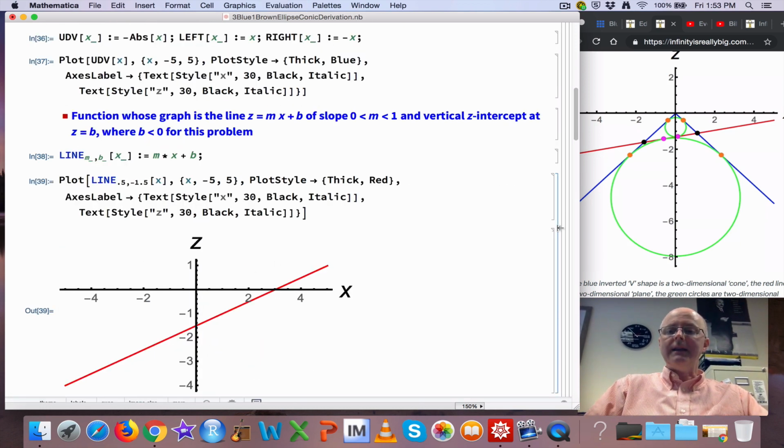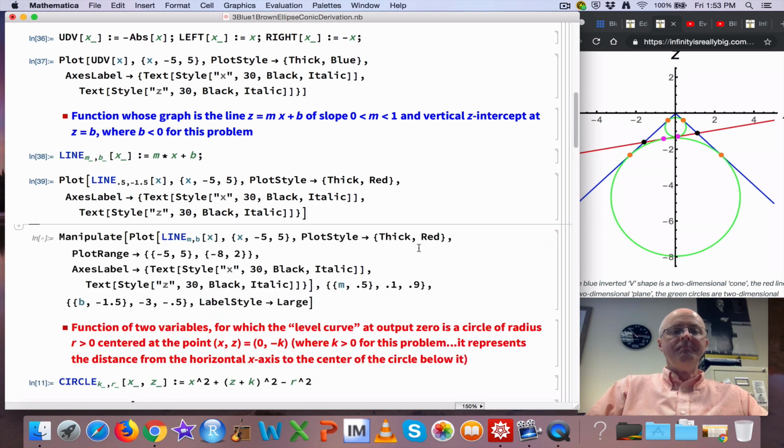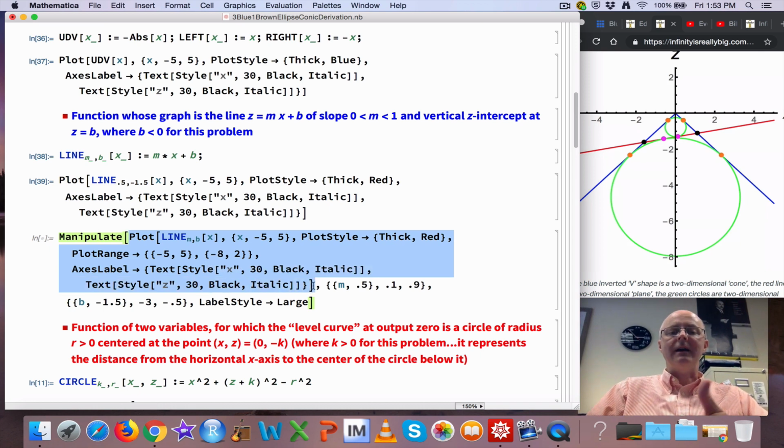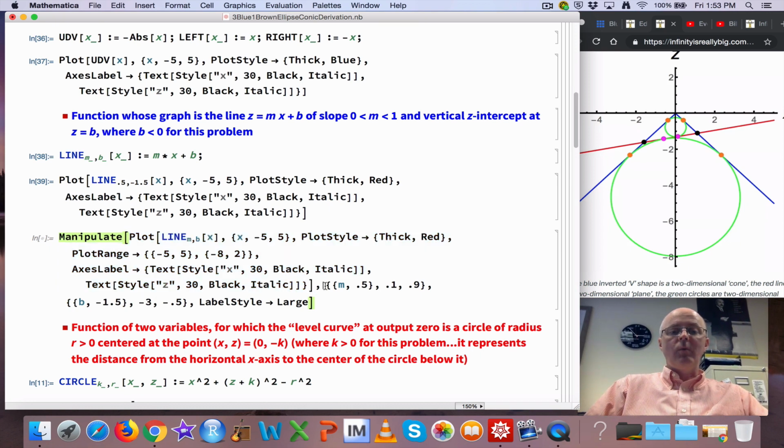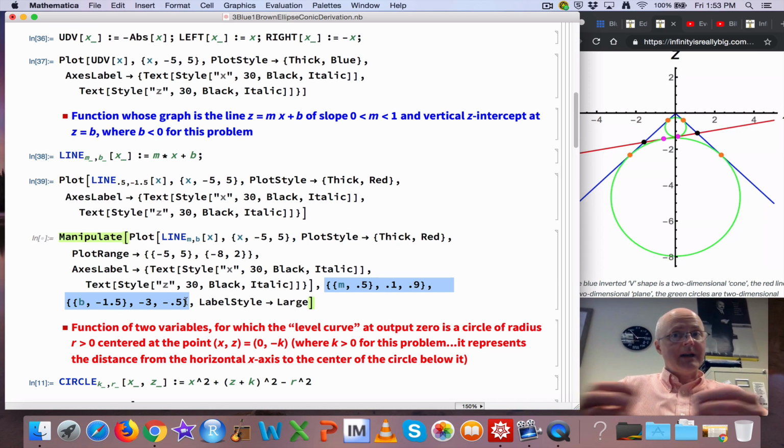But now to make an interactive, dynamic graph, I need to put that plot inside a Manipulate. Manipulate is the key Mathematica command to make dynamic content. Notice I have the entire plot here with an arbitrary m and b inside the Manipulate, with this code here meaning m and b are going to be sliders that can vary.